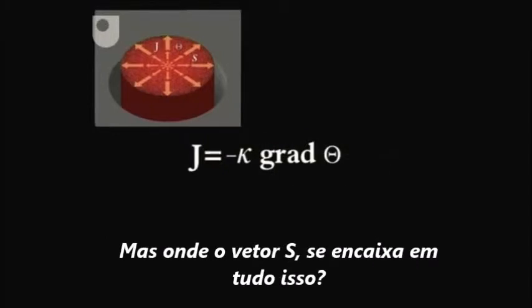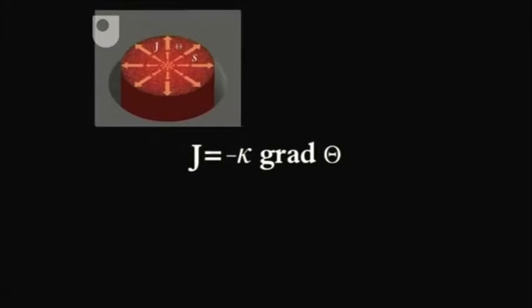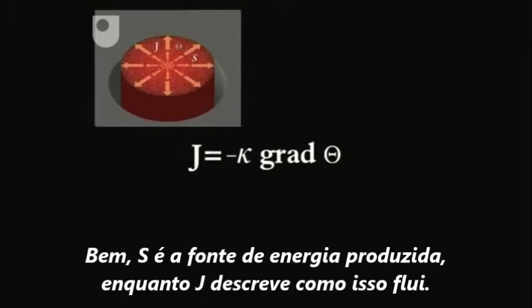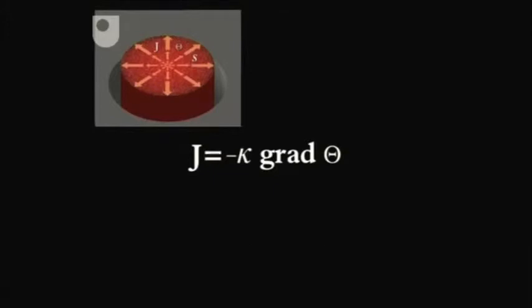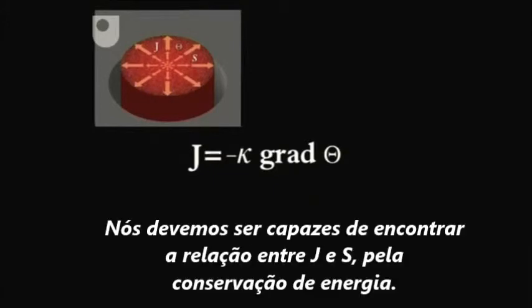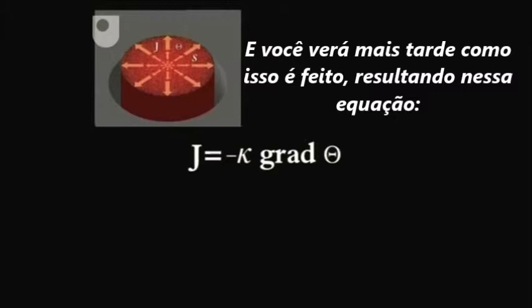But where does the heat source field S fit into all this? Well, S is the source of the heat energy produced, while J describes how it flows. So we ought to be able to find a relationship between S and J by energy conservation. And you'll see later how this is done, resulting in this equation.